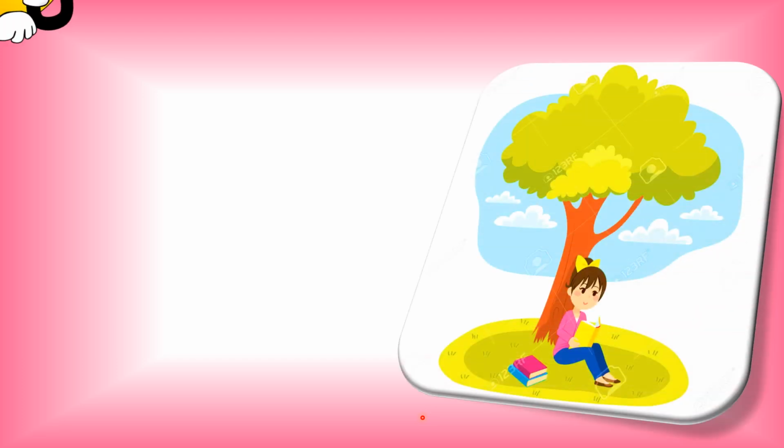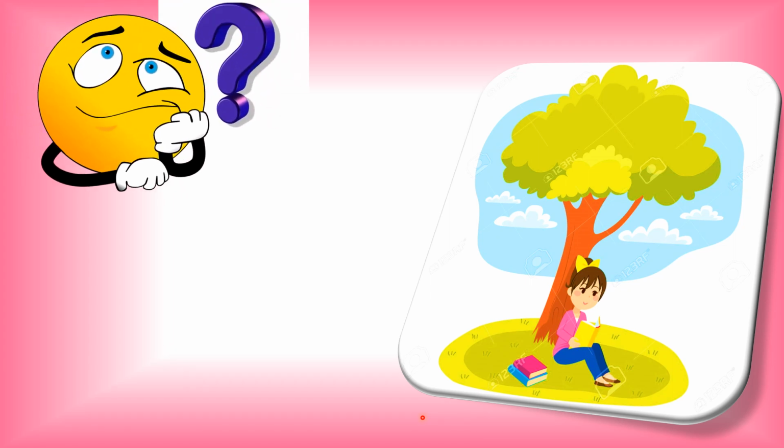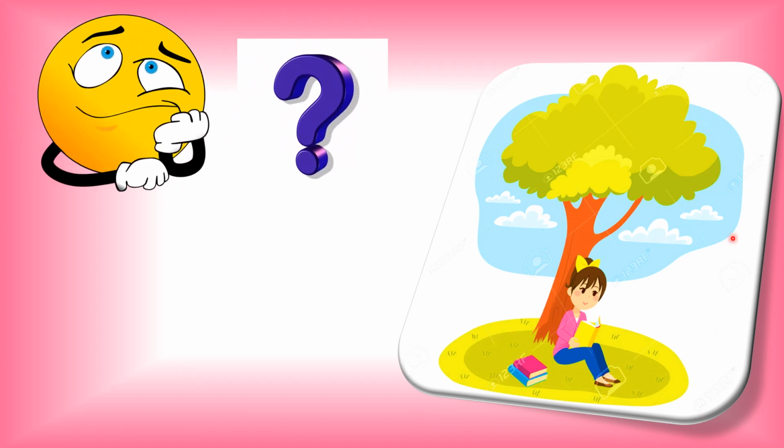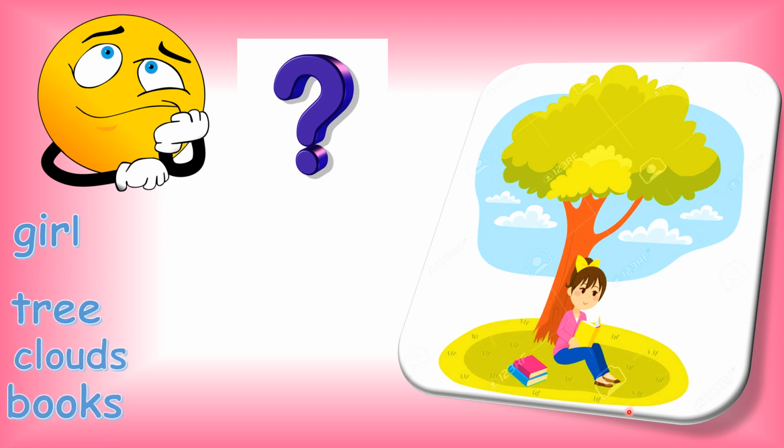Let's take a few more examples of subject and predicate. Children, what can you all see in this given picture? Girl, tree, clouds, books. Yes, children, we can see a girl, tree, clouds and books.